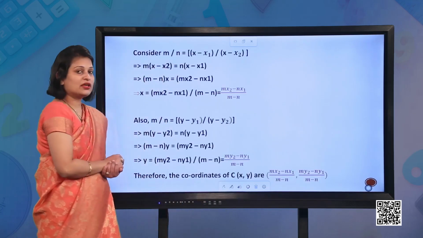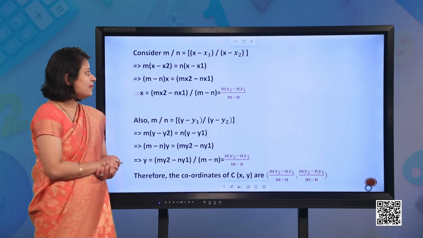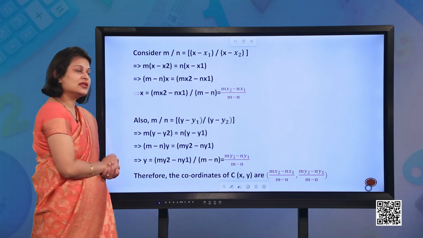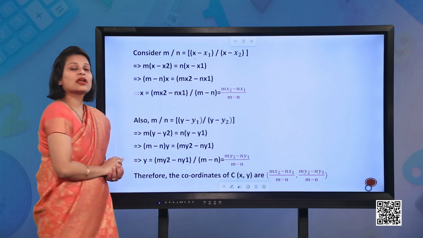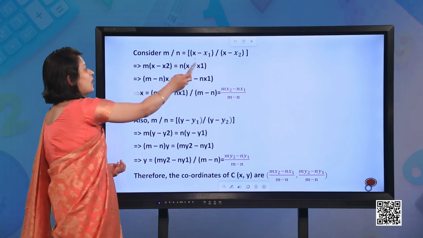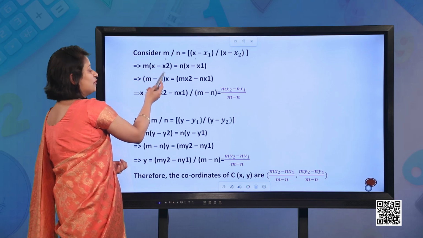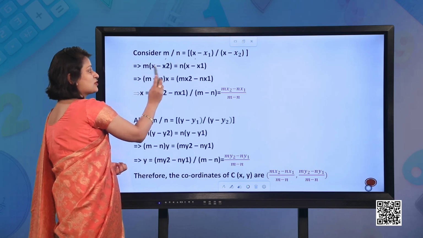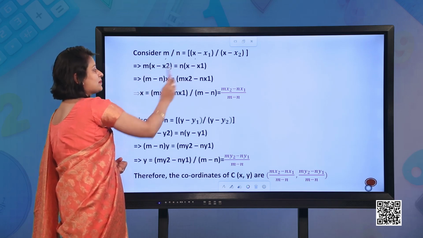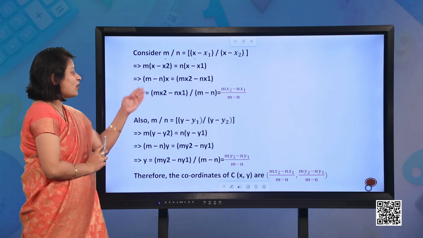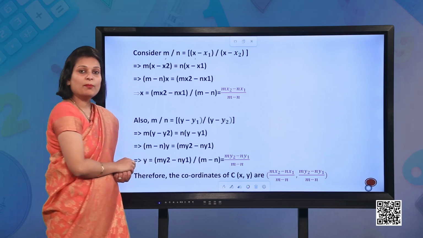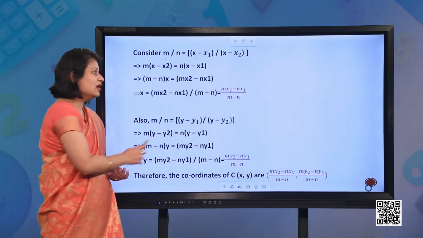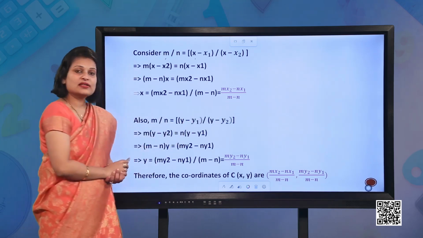Now we need to calculate the values of x and y. For this, first consider m upon n equals (x minus x1) upon (x minus x2). Now cross multiply. What will you get? m(x minus x2) is equal to n(x minus x1). Solve for x. You will get x as (m x2 minus n x1) upon (m minus n).